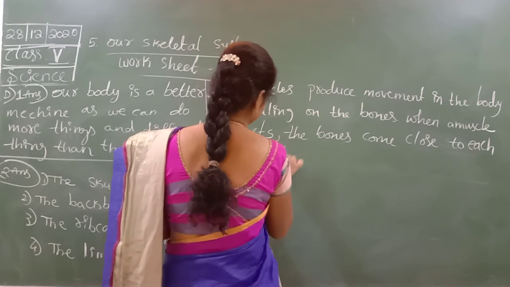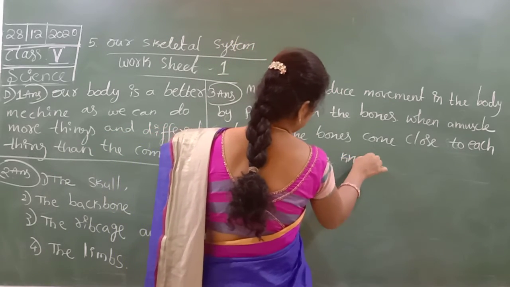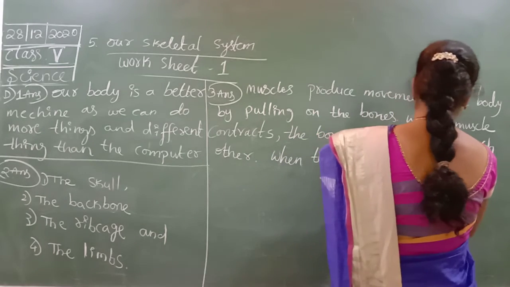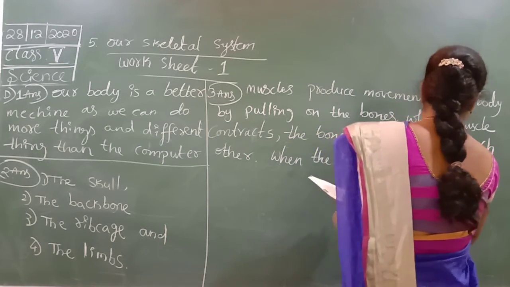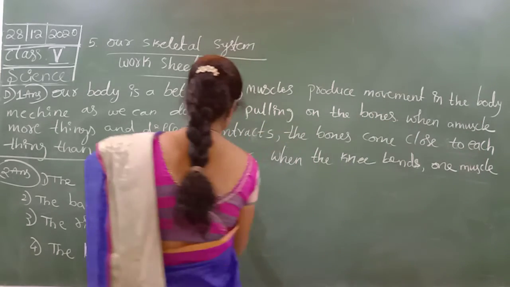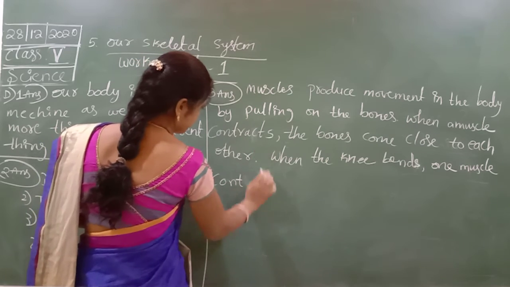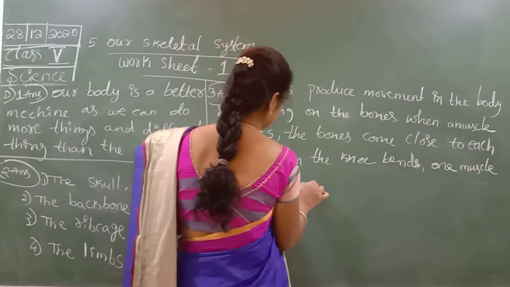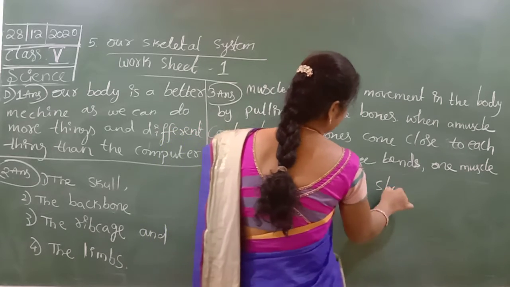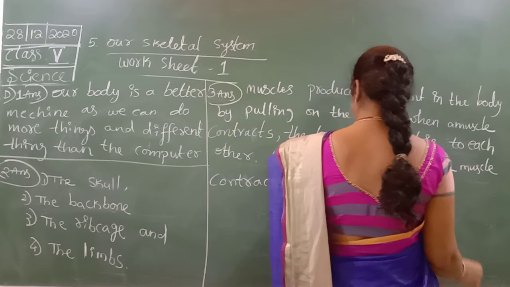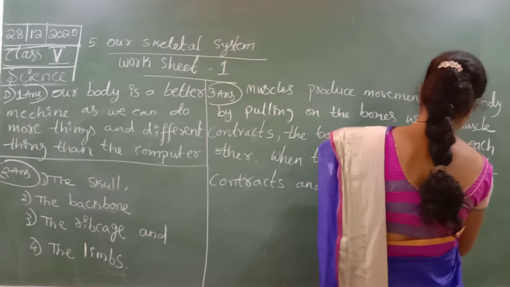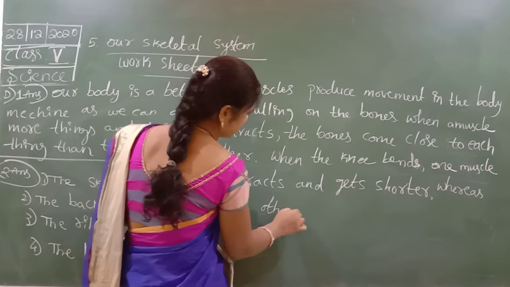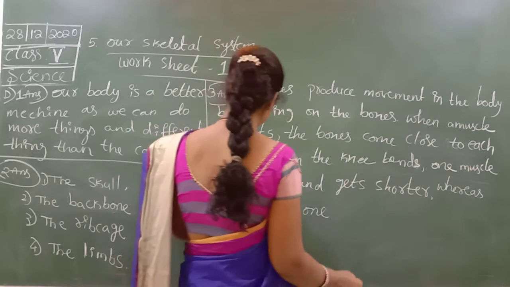When the knee bends, one muscle contracts and gets shorter, whereas the other one relaxes.